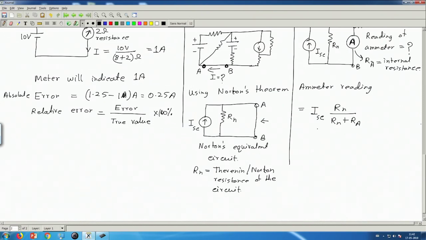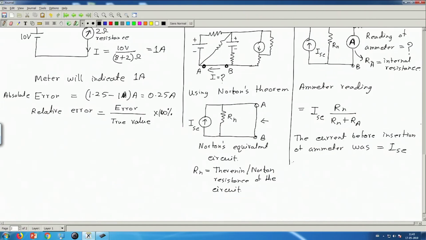Okay. So, the current before insertion of the ammeter was ISC.